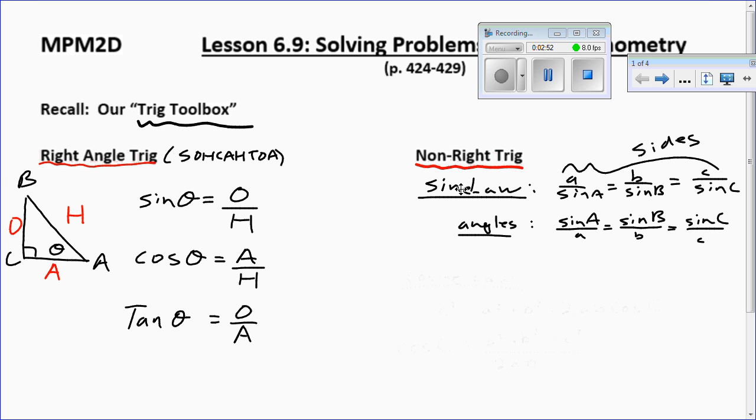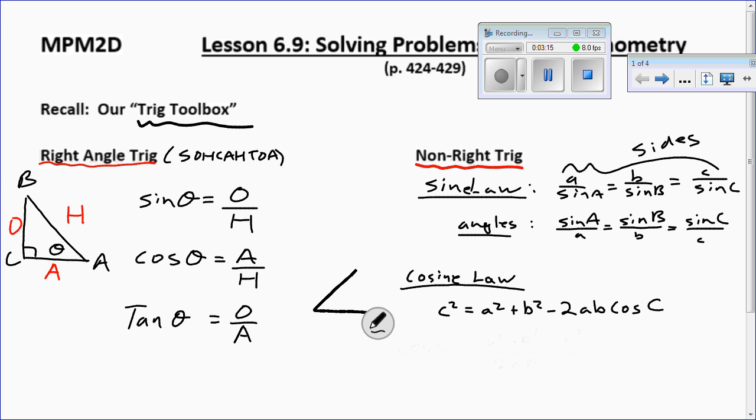Now, let's talk about cosine law. Cosine law basically shows you a pattern. I call this the elbow law, or I could also call this the Pythagorean theorem on steroids. The basic pattern is, if I have a triangle like so, with an angle between two sides, that means I can find this green side over here.